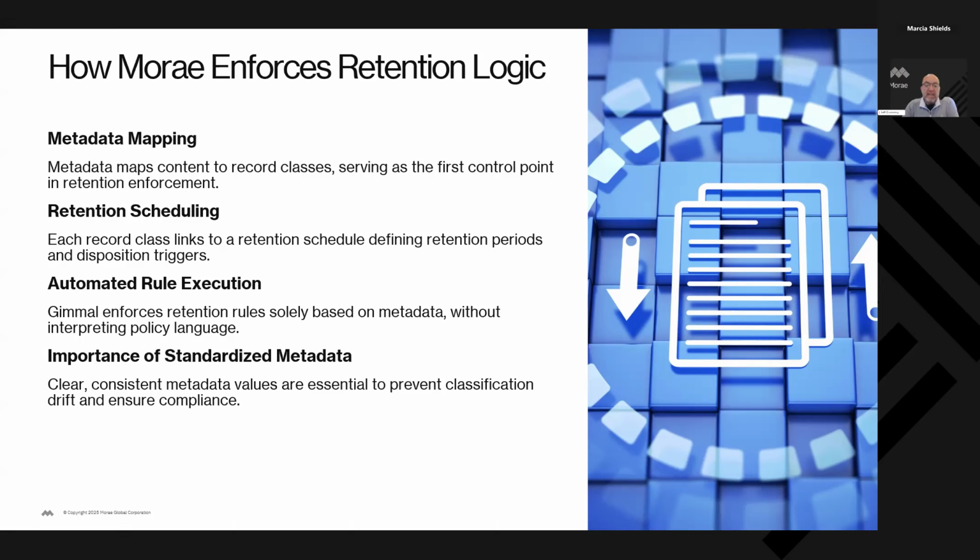If that piece of metadata does not clearly resolve to that single record class, retention will become subjective, and then our ability to be auditable and defensible and all those other things, it just doesn't work there anymore. So that's kind of how that path works. Metadata field gets a value, that value maps to a record class, that record class maps to a retention rule, is the way the flow kind of works there.